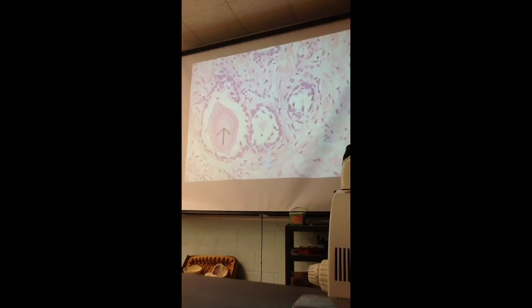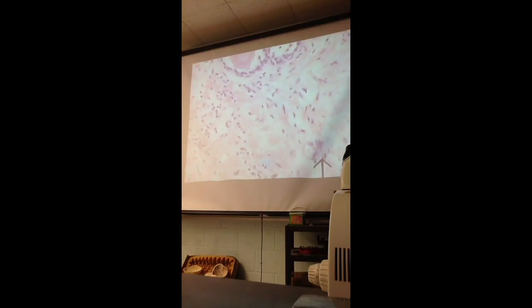Corpora amylacea, the dried up secretions filled with calcium. This is the epithelium, kind of mixed, and around the glands you see lots and lots of fibromuscular stroma.